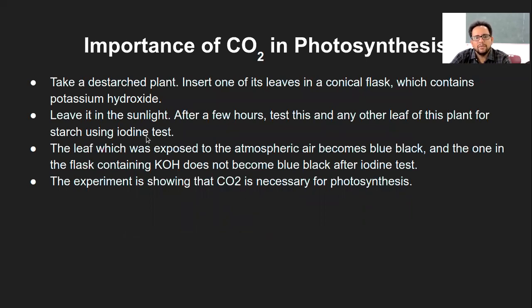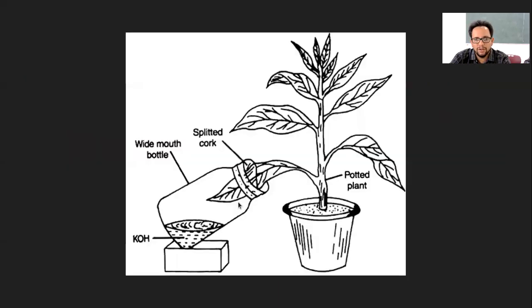Again, we do the iodine test after a few hours. When we keep this plant in sunlight, half of the leaf will do photosynthesis, and the half of the leaf which is inside the conical flask will not. You take out the leaf and put iodine solution on it. The part exposed to the atmospheric air will form glucose and ultimately starch.